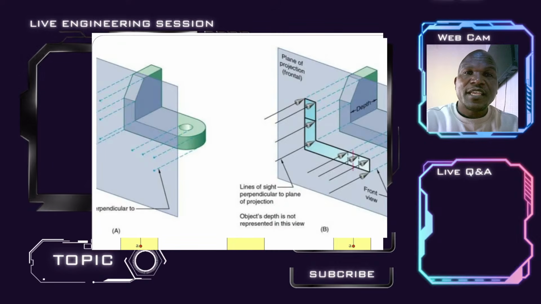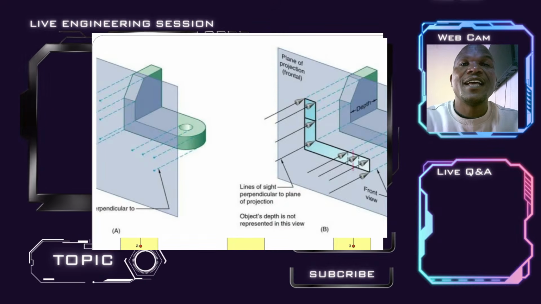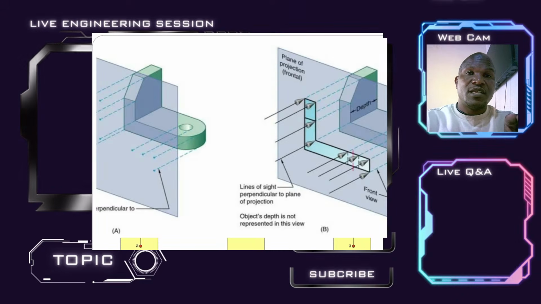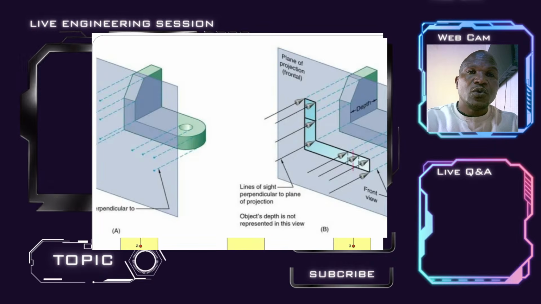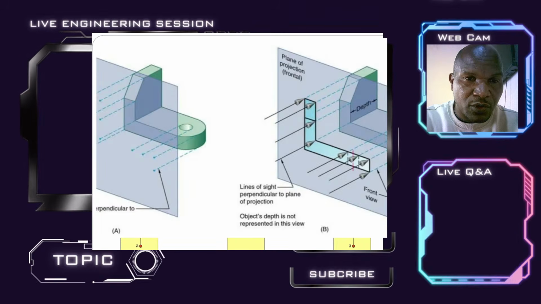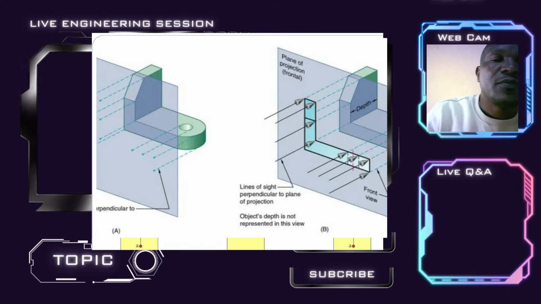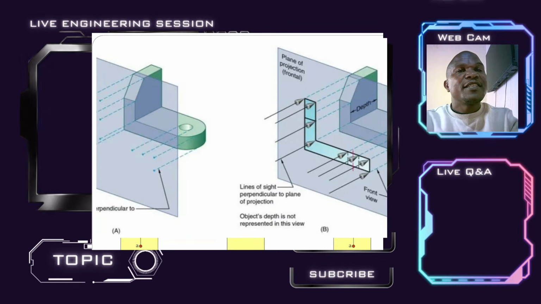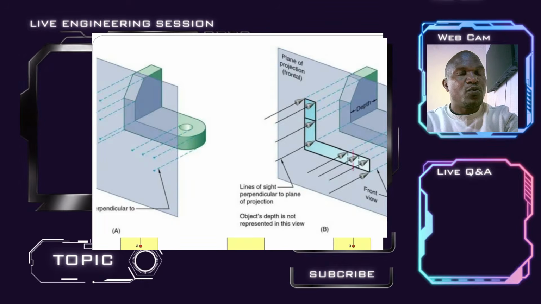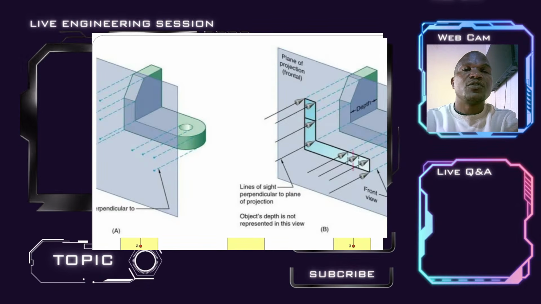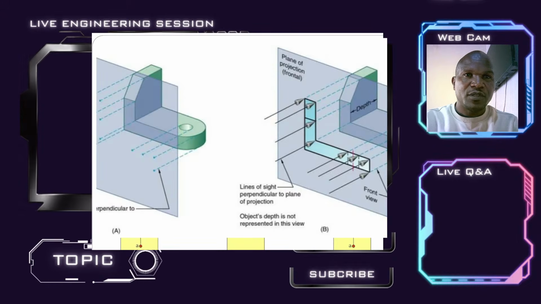As you can see, the hidden lines have been drawn to illustrate the points which are directly visible and that can be projected. In this case, lines of sight are perpendicular to the plane of projection, as you can see in the arrows on diagram B. In this case, the depth is negligible. We have sized it so that at least you're able to separate what you view from the actual 3D isometric drawing.